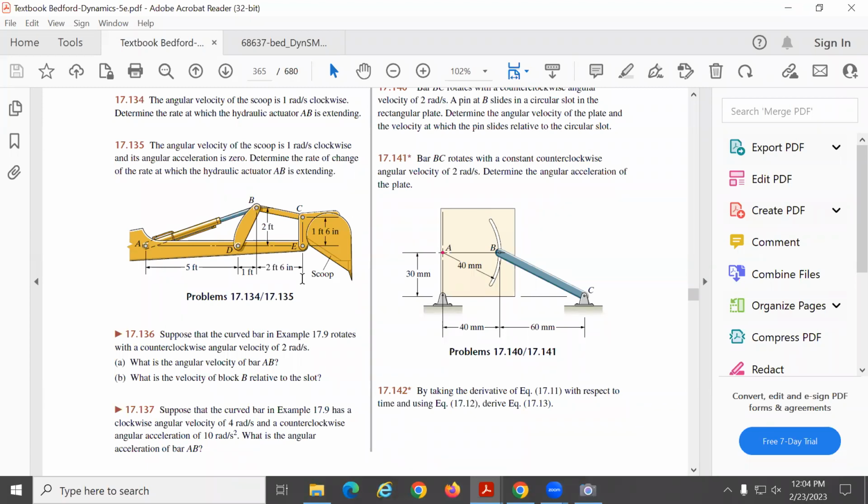So we found the angular velocities and the relative velocity. So now we need to do exactly the same thing for the accelerations. So we first find the acceleration of point B from point C. Will it be any relative term?